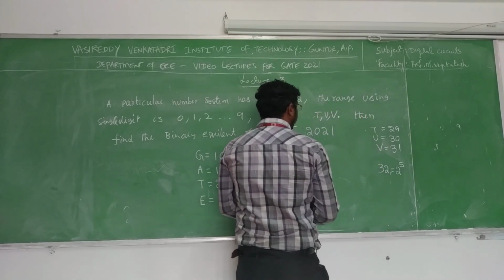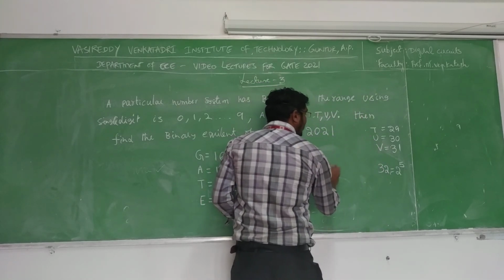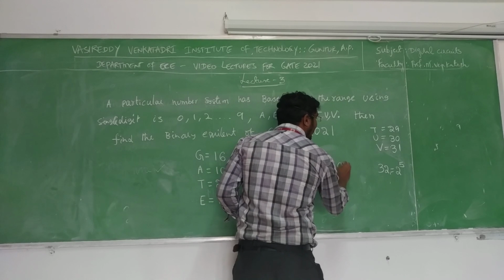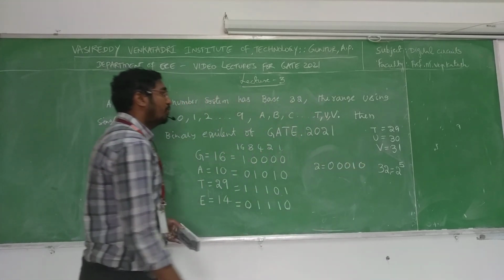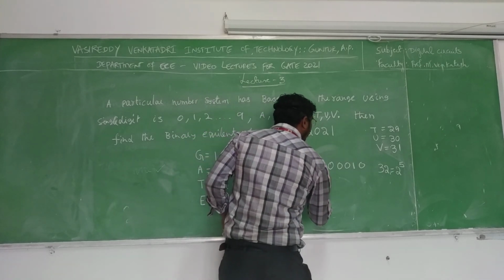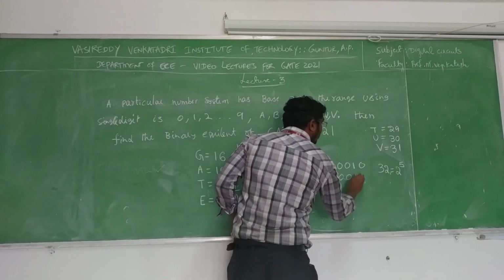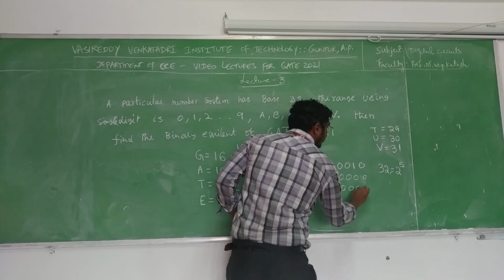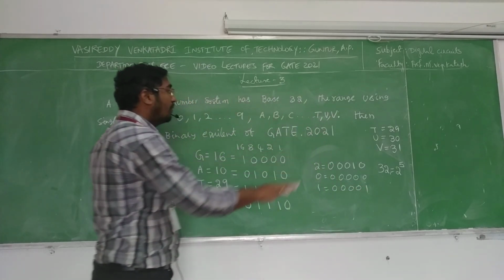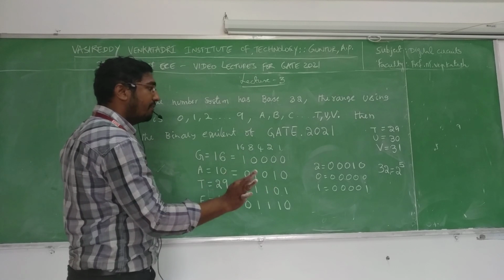Here 2 is simply 1 0, but it has to be represented as 0 0 0 1 0 because each digit has to be 5-bit. Simply 0 is 5 zeros, and 1 is 4 zeros and 1. So now we got each digit in 5-bit.